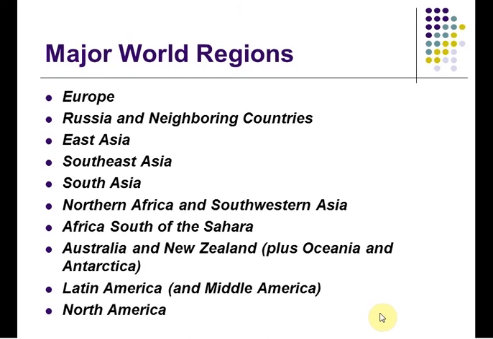Europe, Russia and its neighboring countries, East Asia, Southeast Asia, South Asia, which is the Indian area, the subcontinent of India, North Africa and even the Middle East are all pretty consistent areas or regions. Places like Australia and New Zealand are sometimes lumped into Oceania, which is sort of a non-continent.